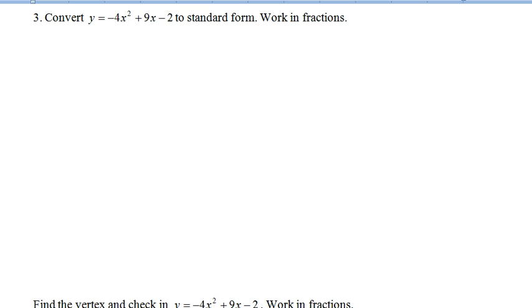And more fraction-y fun to get us ready for Chapter 7. So we're going to have to divide both sides by -4 to get a 1 in front of the x squared. So we get y over -4 equals x squared minus 9 over 4 x, and then plus 1/2.